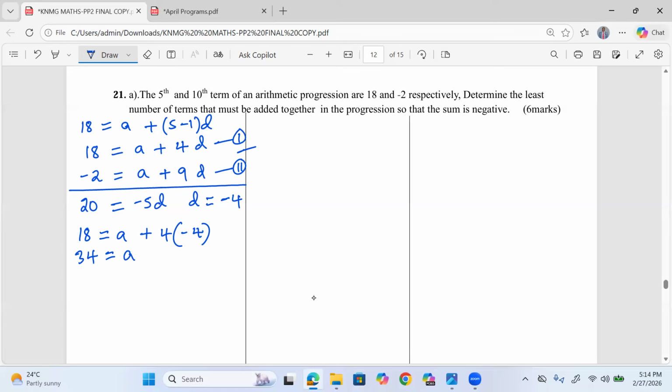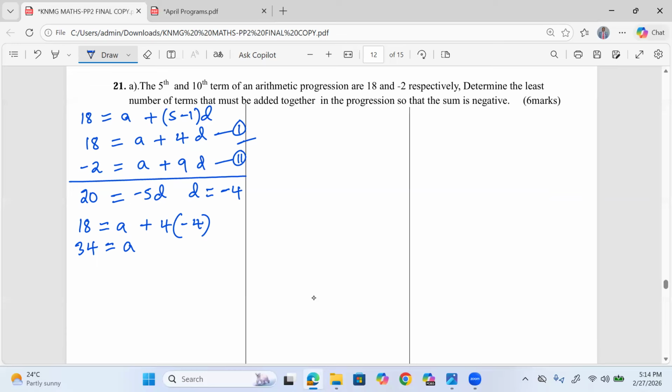The first few numbers, like 34, the next one will be 30, the next one 26, the next one 22, like that. So it is a decreasing arithmetic progression because the d is negative. The first few numbers will have a total of positives, but as the numbers transition to negatives, the sum will also become negative eventually.